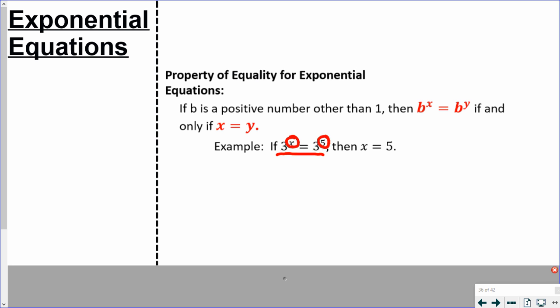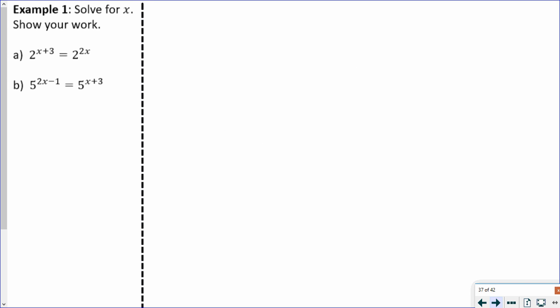Okay, so we're going to use that property. Basically, we have to have the same base on both sides of the equation so that we would know that the exponents are equal to each other. Okay, so let's look at example 1. So part A, we have 2 to the x plus 3 equals 2 to the 2x power.